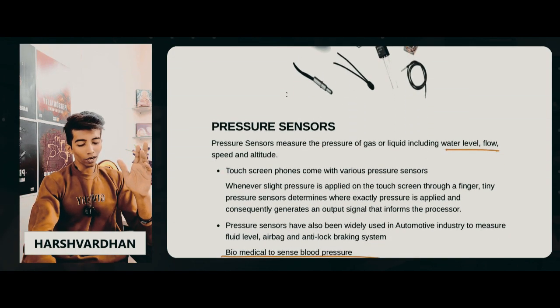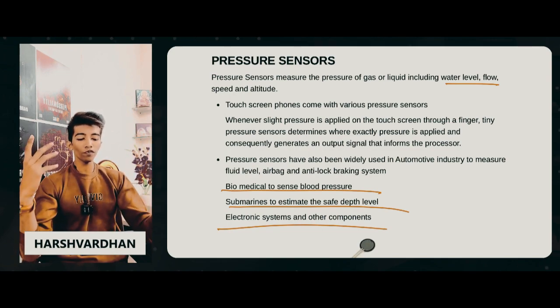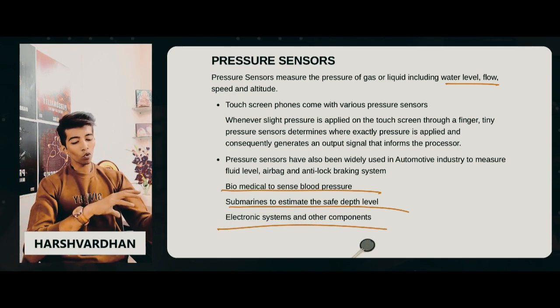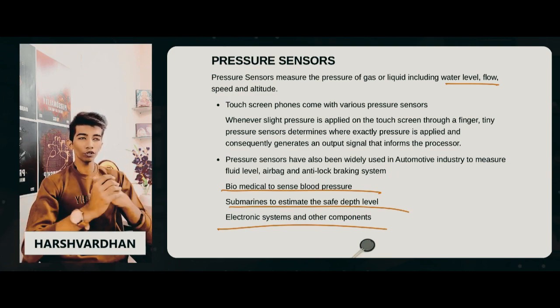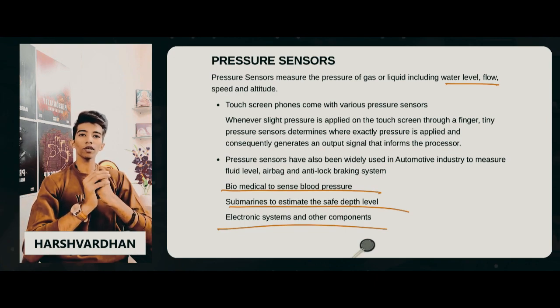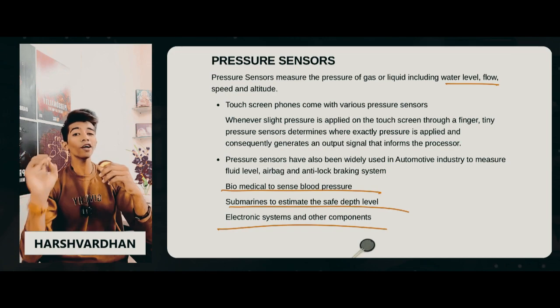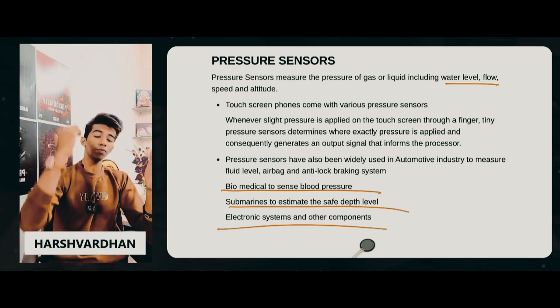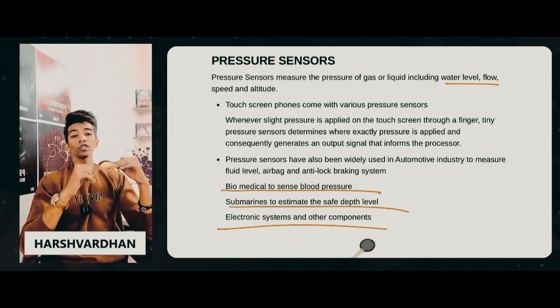Talking about the next thing, the pressure sensors. They are used to measure the pressure of a gas, including water level, flow, speed and altitude. For that, the pressure sensor is used. To understand, say there is a submarine you have to develop. There you will require a pressure sensor to measure the pressure of the water coming over that submarine when it is going underwater.